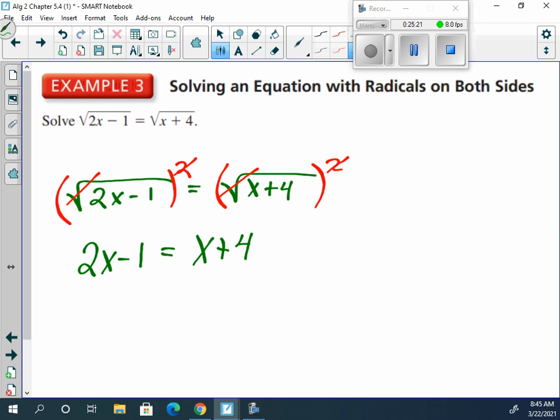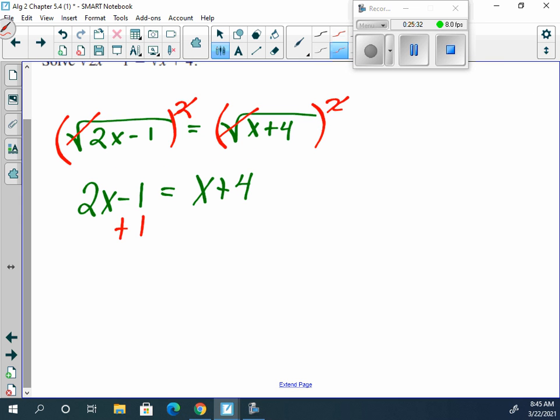Solve for the value of x. So we can add 1 to both sides.